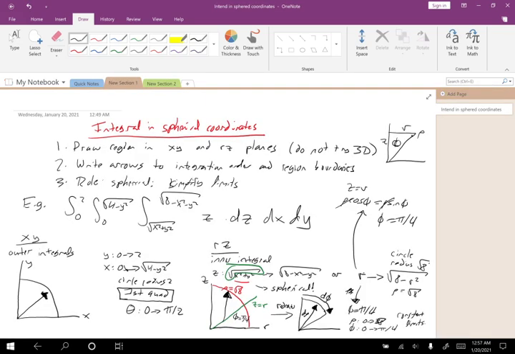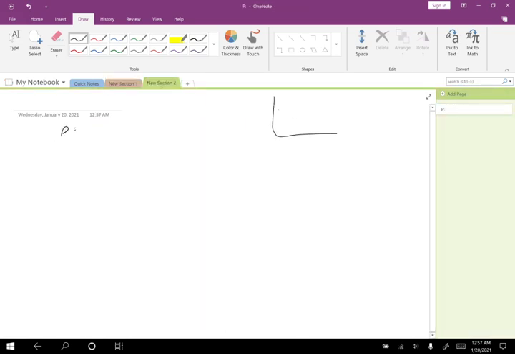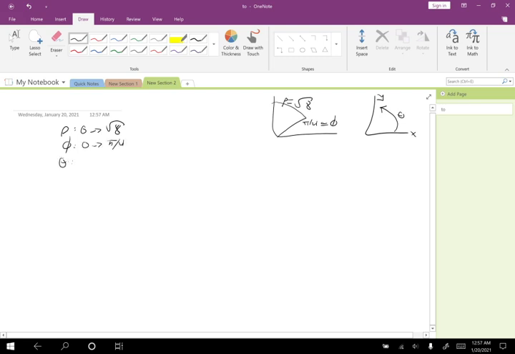I'll just draw the diagram really quickly: square root of 8, pi over 4, and our theta was from 0 to pi over 2. So rho goes from 0 to square root of 8. Phi goes from 0 to pi over 4. And theta goes from 0 to pi over 2.